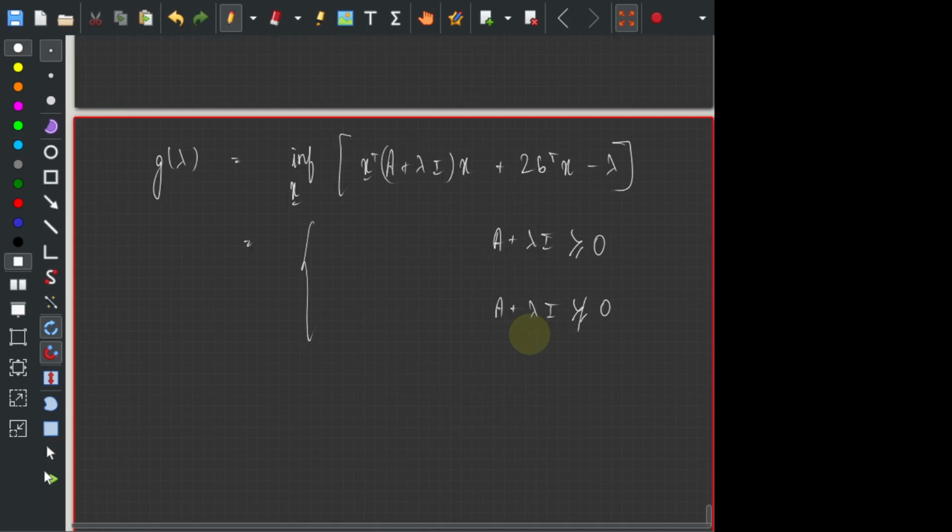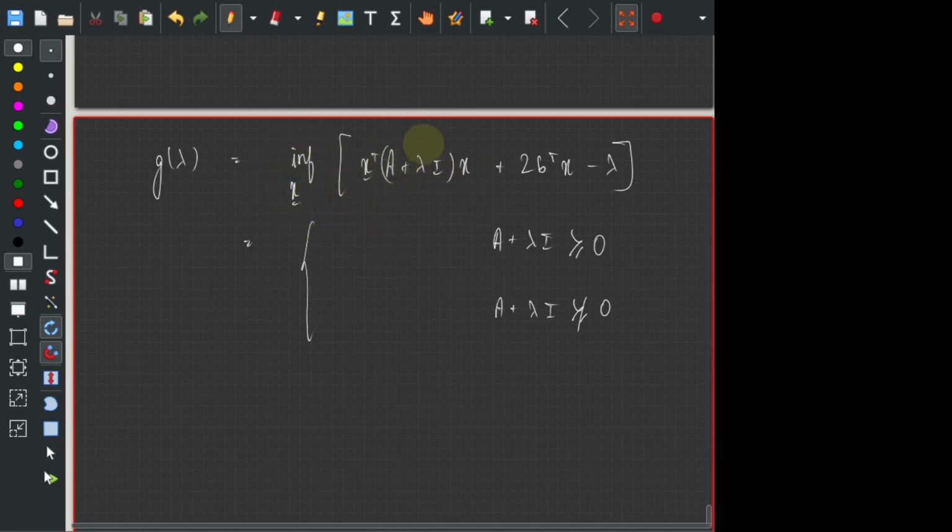If A plus lambda I is positive semi-definite, then what can you say about this quantity? It's non-negative. So this quantity is always non-negative, and we are trying to take the infimum over all possible x.